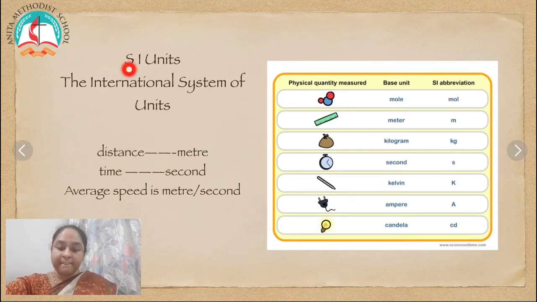So if we denote the distance in kilometers, we will use hours. And if it is in meters, then we use seconds. So, what is this SI unit? SI unit is the International System of Units where distance is measured in meters and the time is denoted in seconds. So, average speed is meter per second.